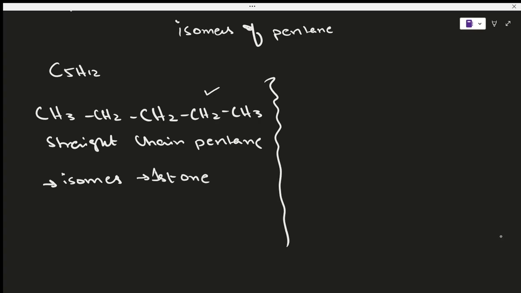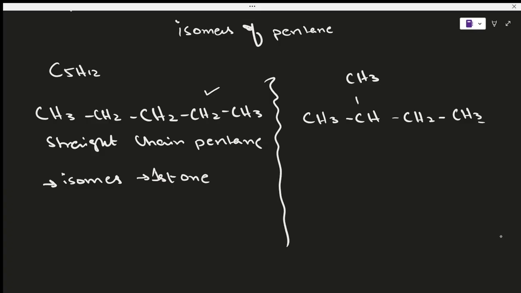Now if I were to draw a branched one, so let's say this is a CH3 and a CH2, and where do I take this one? So okay, let's say I draw it on this one. Yeah, so this is a CH3. Now you have a branch, then you have a CH2, and then you have a CH3.